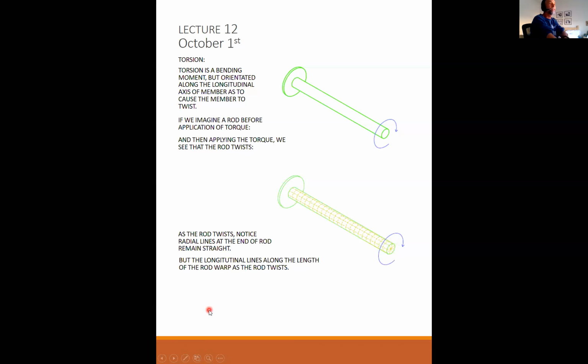The longitudinal lines along the length of the rod warp as the rod twists. Okay, any questions on this?